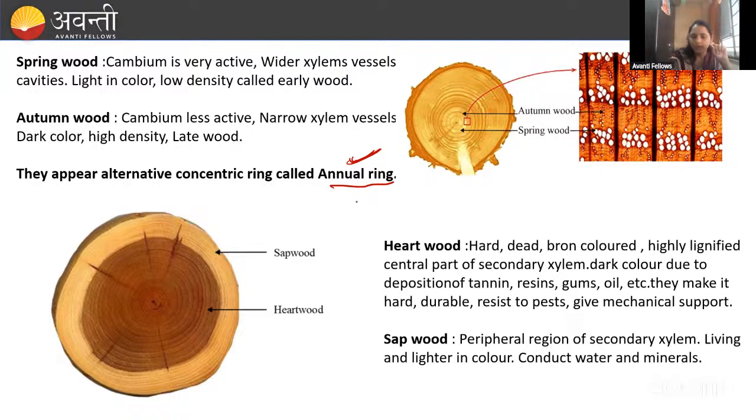So based on the annual ring, we calculate the age. And you can see that these are all secondary xylem only. The secondary xylem starts to deposit here. In the center, it starts to deposit secondary metabolites like tannin and all those things. So that becomes dead. It does not transport the water and minerals. The heartwood is resistant to insects. And here you can see the sapwood, which is light in color. It possesses the secondary xylem that actually transports the water and minerals.